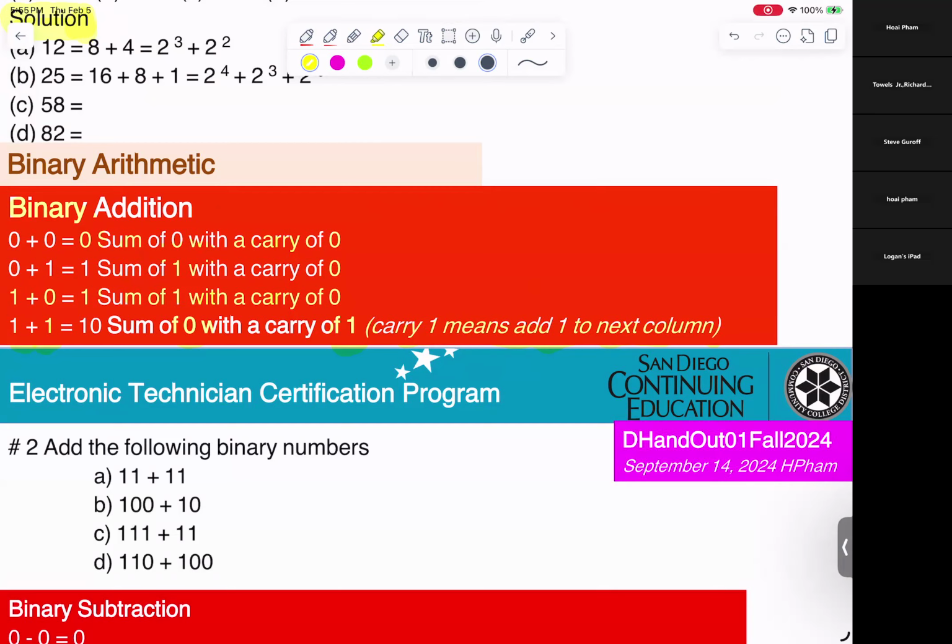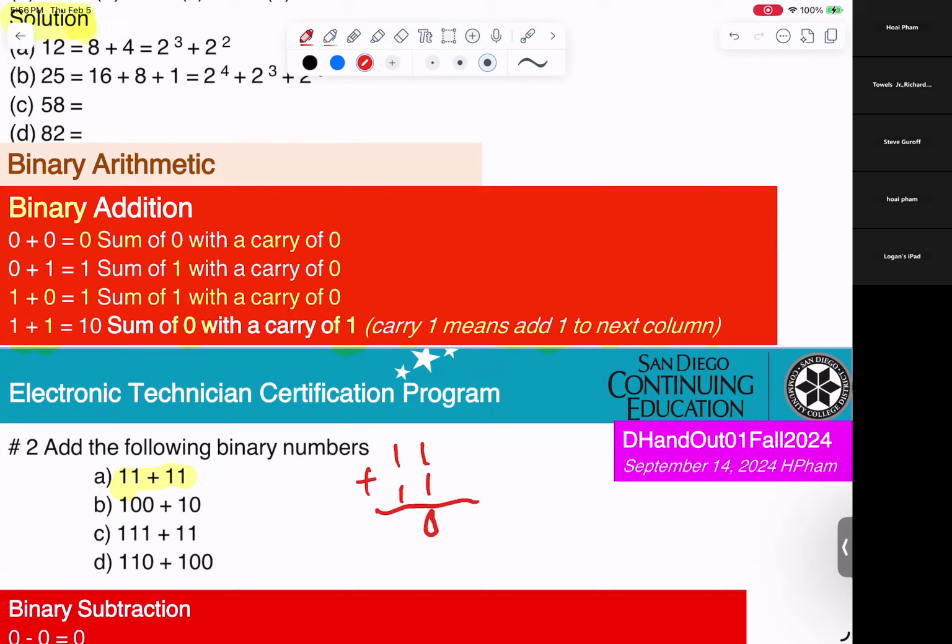Okay, add the following binary number. 1, 1, adding 1, 1. 1 adding to 1 equals, correct?